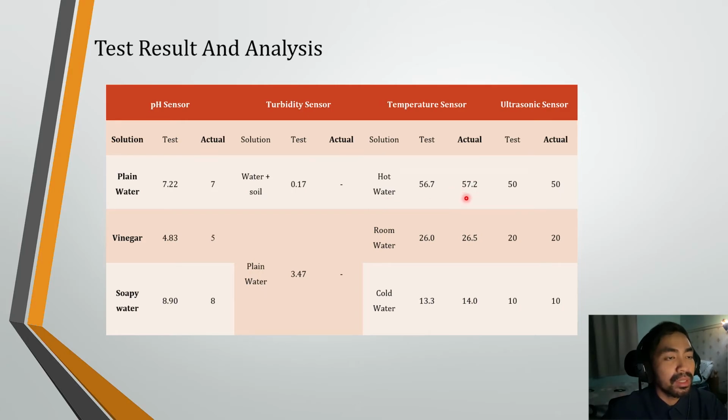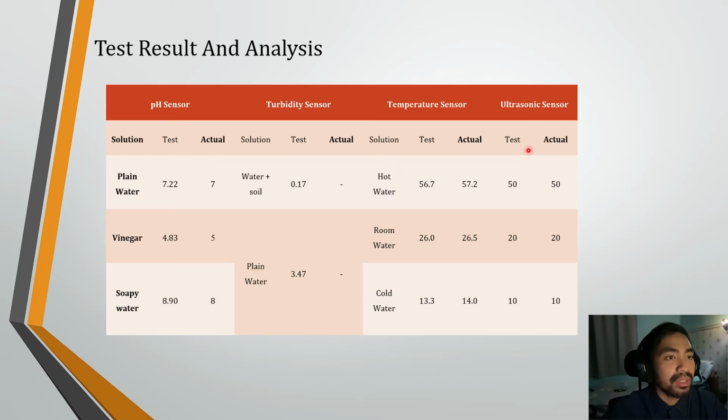This reading is collected by the testing kit. The sensor for this project gets 56.7. Room temperature water is 26, and the sensor reads 26.5. Cold water reads 13.3. The actual is 14.